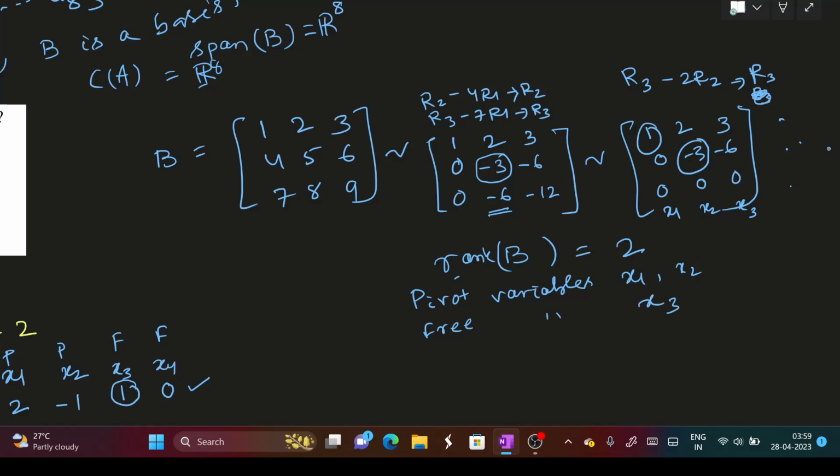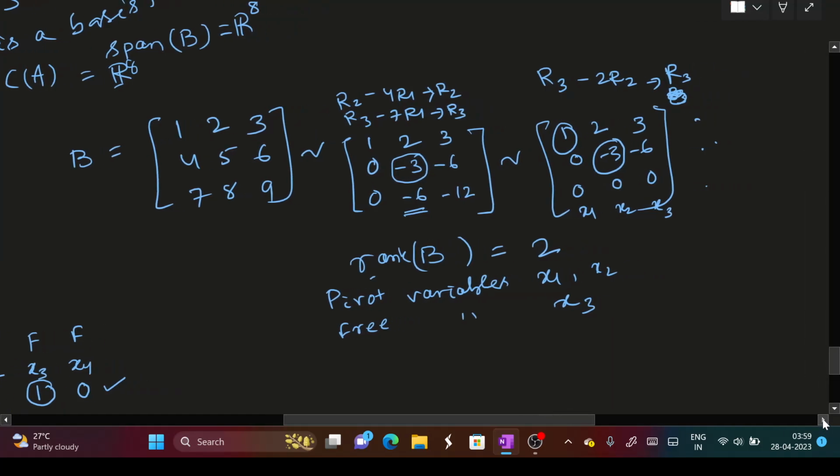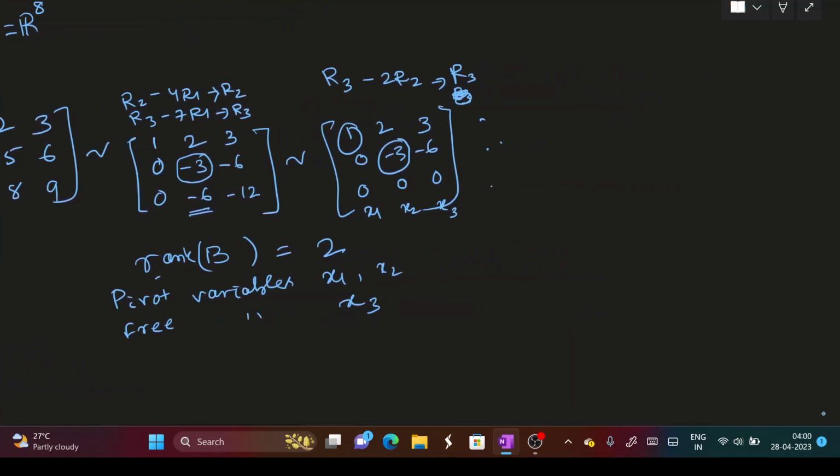Now, how to find out the special solutions? We have to write the equations. What are the equations we are getting? Minus 3 x2 minus 6 x3 is equal to 0. Okay. Another equation is x1 plus 2x2 plus 3x3 is equal to 0. These are two equations. Now let us substitute these values.